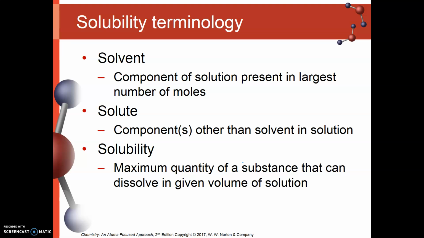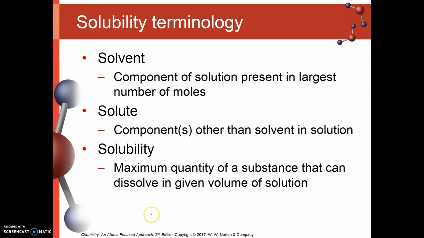Now, the other term that we need to be aware of here is solubility. Solubility gets thrown around in a number of different ways, but our definition here is going to be the maximum amount of solute that can dissolve in a given amount of solution.